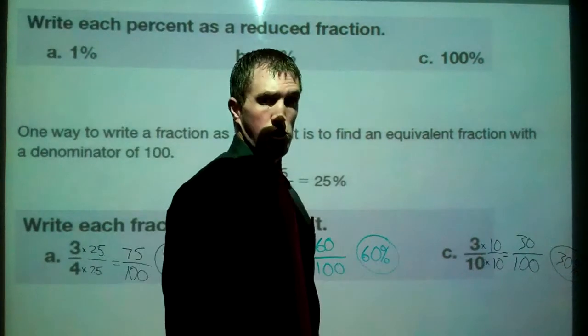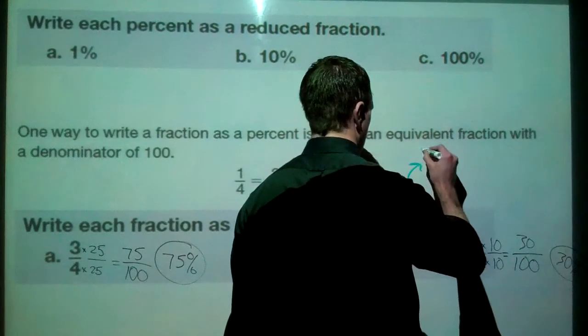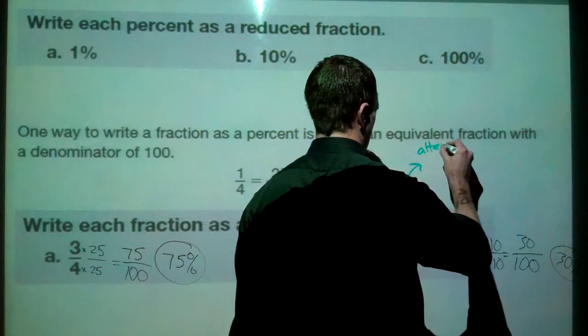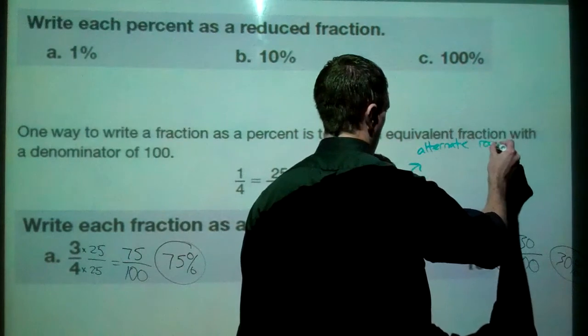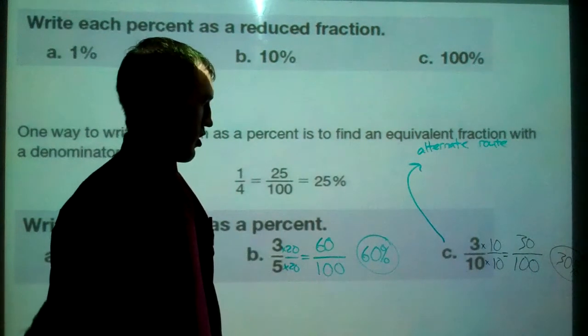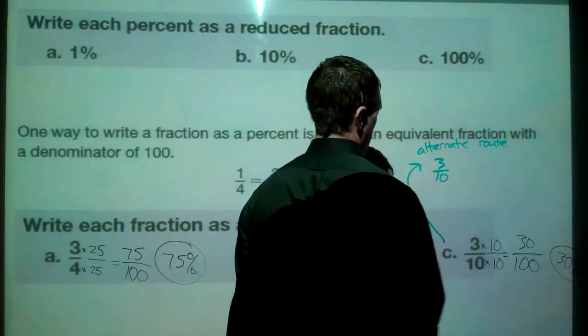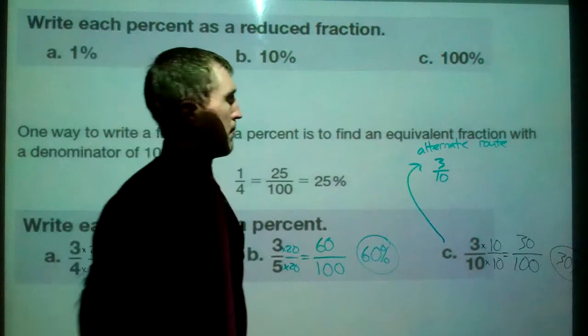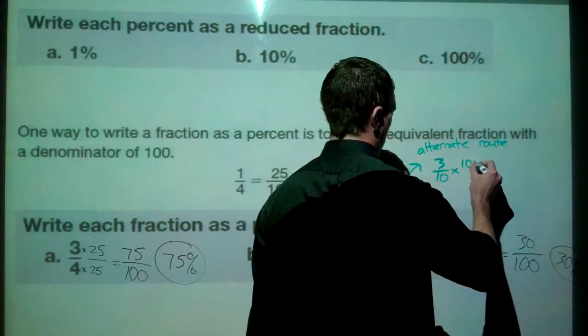So, our alternate route will be to take our 3/10 and multiply that by 100, or 100 over 1.